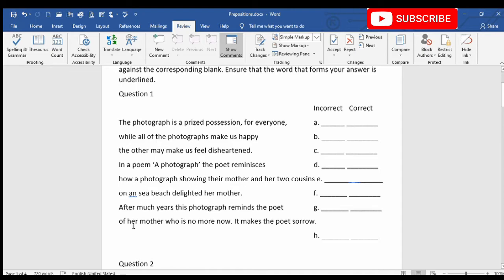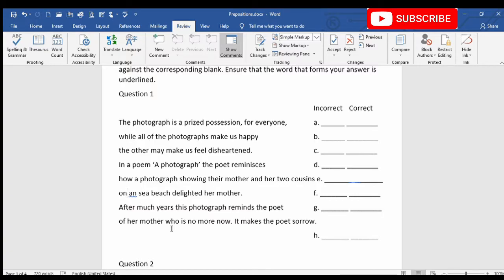Next line, after much years, this photograph reminds the poet. Now, don't you think, students, we don't say much years. Anything that's countable, much is here not going with the noun years. Years can be counted.